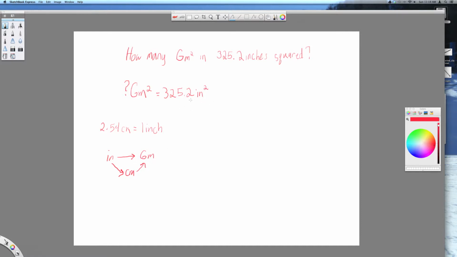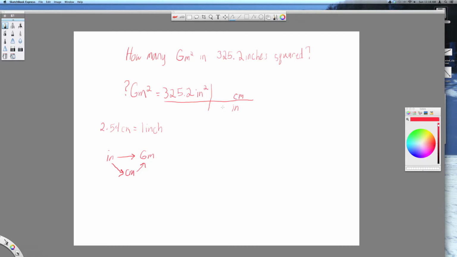All right, so let's imagine we were setting this problem up and we weren't going to use the exponents. We would just put inches down here, and I'd like to put gigameters on the top, but I can't because there's no direct connection between the two values. But I said I was going to use centimeters as my bridging unit, so I'm going to put centimeters up there.